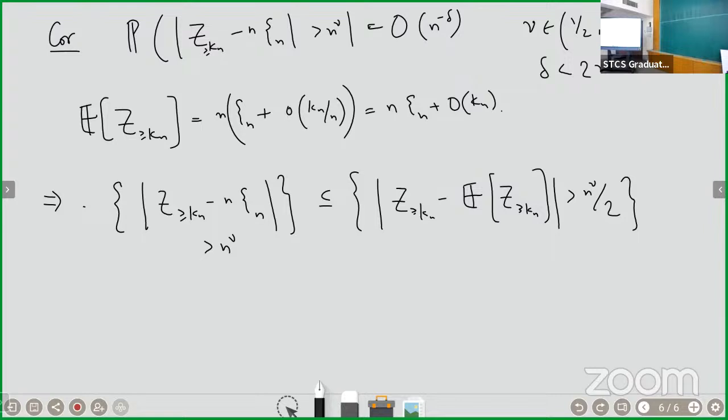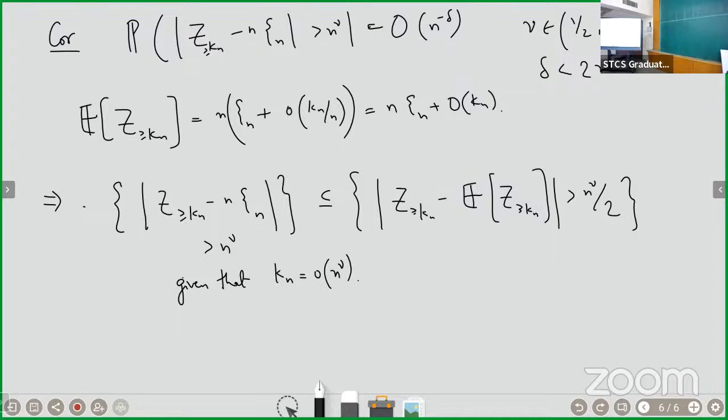Yes. But what is K n? K log n. While what is n to the nu? It's much larger. Nu is between half and 1. So as long as n is large enough, it's true. Given that K n is little lower.